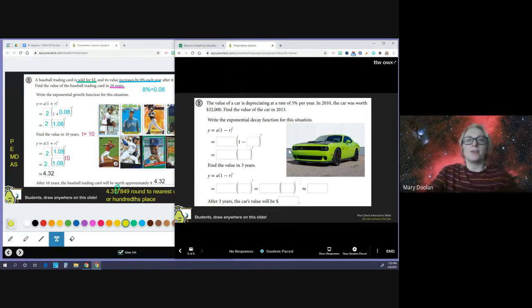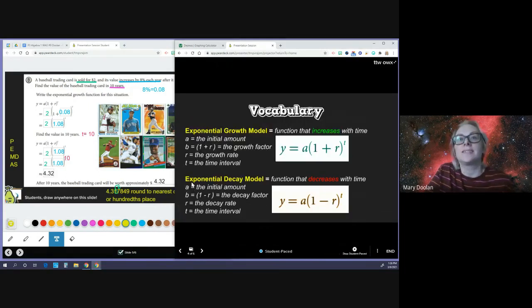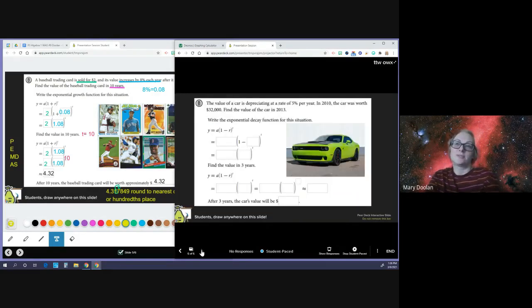Anyhow, here we go. The value of the car is depreciating at a rate of 5% per year. So now we are looking at a rate that is going down. This is an example of an exponential decay model because something is decreasing with time. So we're doing the other type. In 2010, the car was worth $32,000.